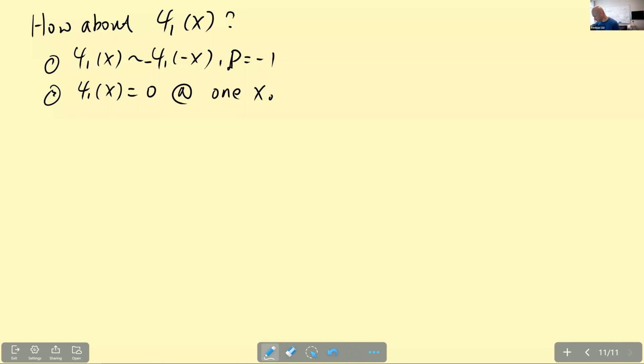So what's the solution? So you must have ψ1(0) equal to 0, right? So that means ψ1(x) should be a wave function like this.